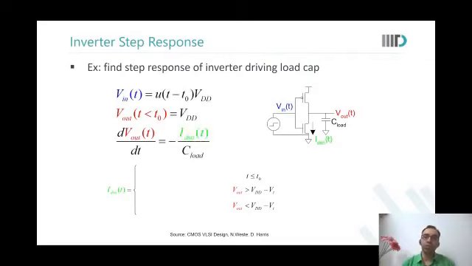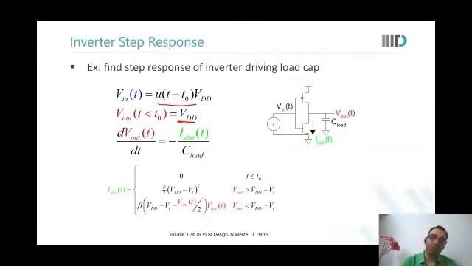So at time t equal to t naught, my input is toggling, and my output was VDD at time t less than t naught. How would my output change after time t equal to t naught? And you notice C load starts to figure in now.